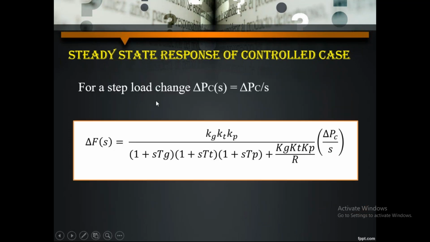See, for a step load change, delta PC of s equals delta PC by s. If you substitute delta PC by s instead of delta PC of s, after this we have to apply the final value theorem. That is given by delta f static, the static response of the load frequency control, equals limit s tends to 0, s into delta f of s. So if you substitute this equation in this, what will you finally get?